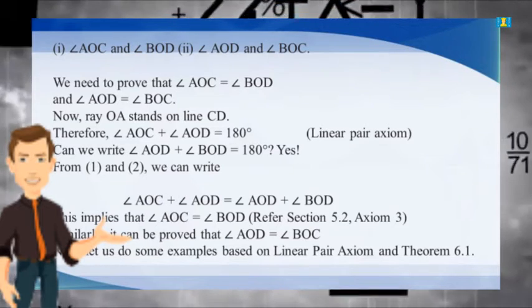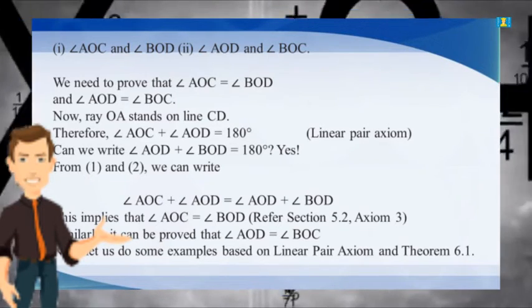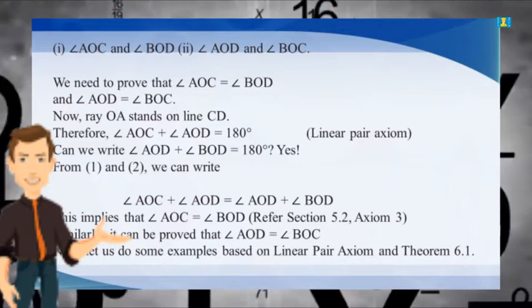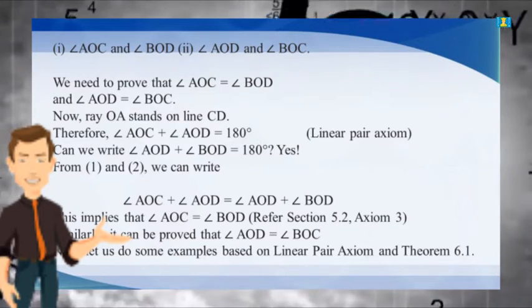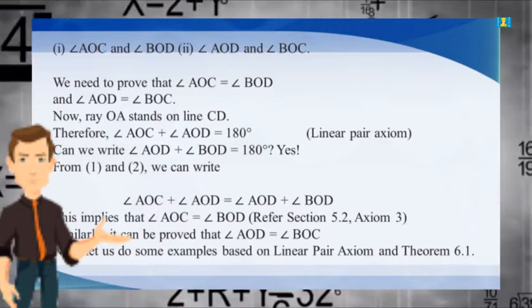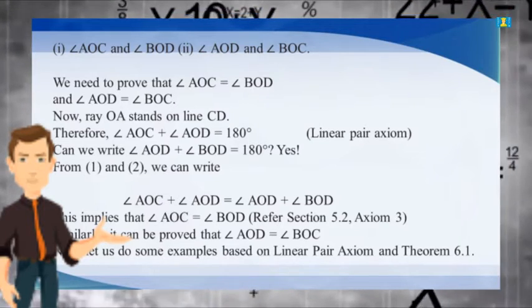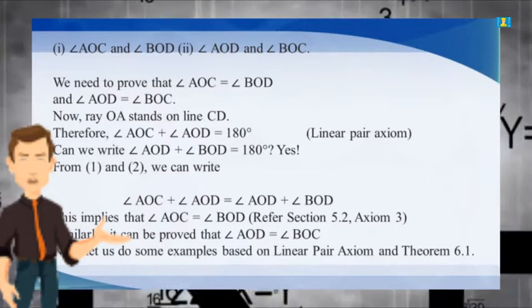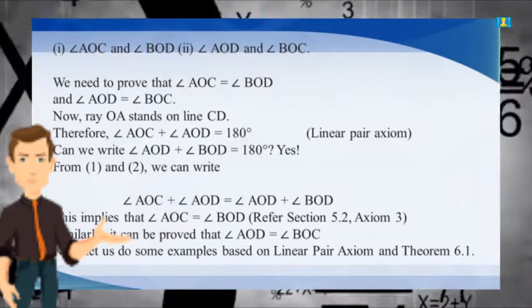Now, ray OA stands on the line CD. Therefore, angle AOC plus angle AOD is equal to 180 degree, because of the linear pair axiom. Can we write angle AOD plus angle BOD is equal to 180 degree? Yes.